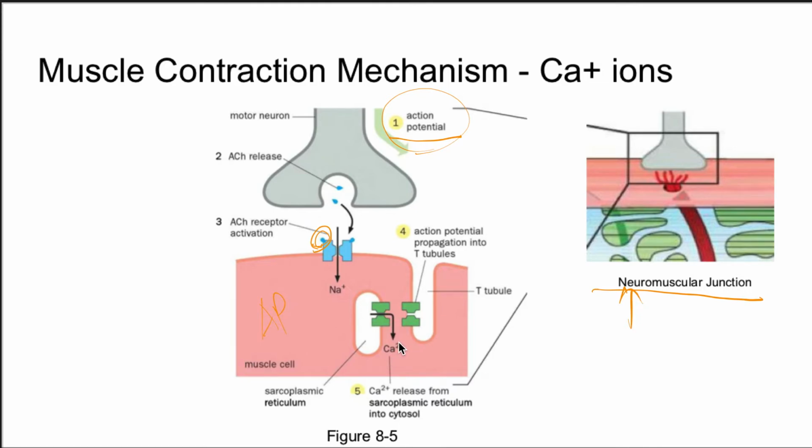So the T-tubules effectively propagate the action potential to the entire cell, and that just means that it will pass the action potentials downstream. And remember, one functionality of the sarcoplasmic reticulum is storing and releasing calcium ions.